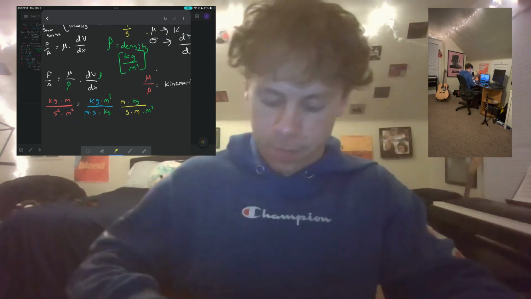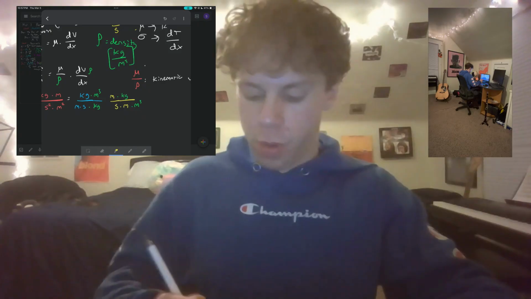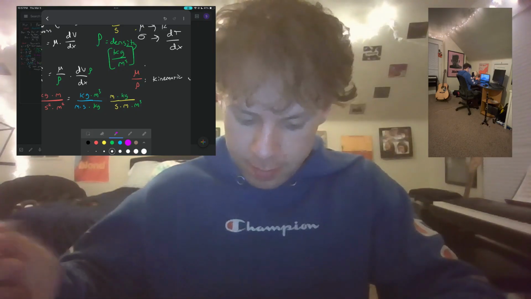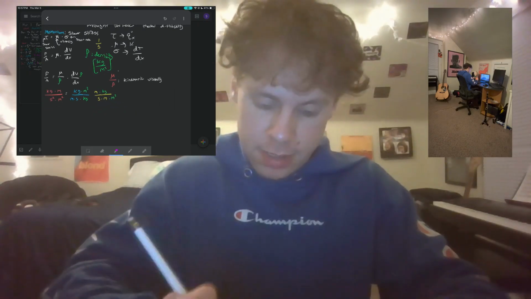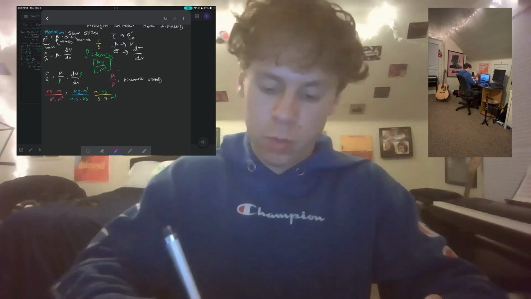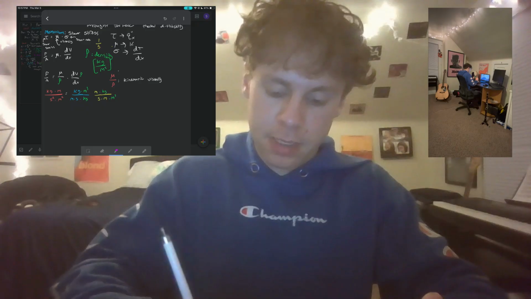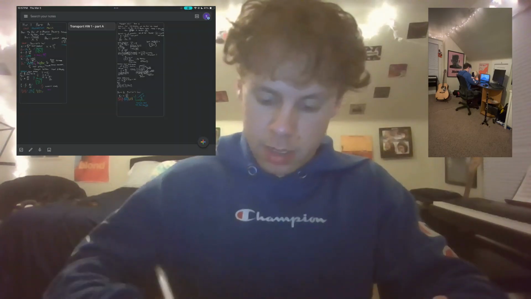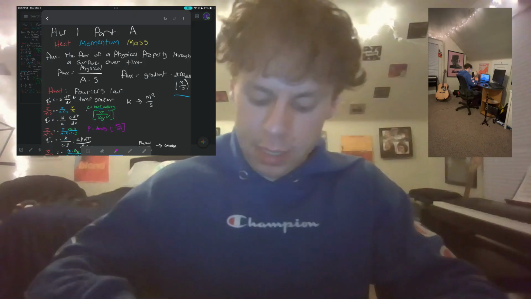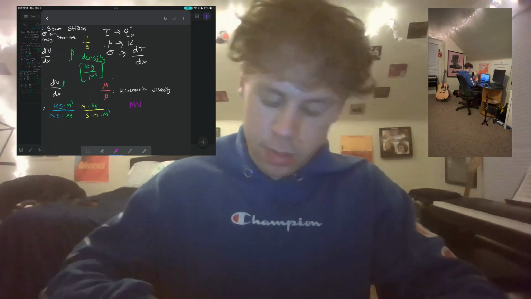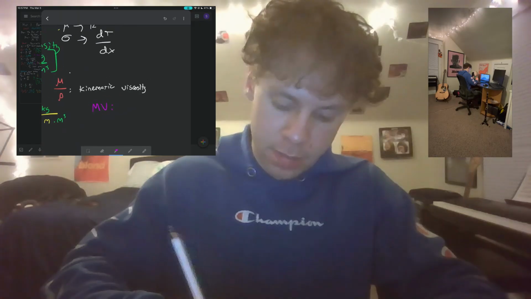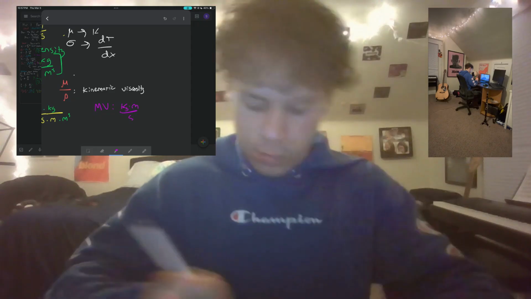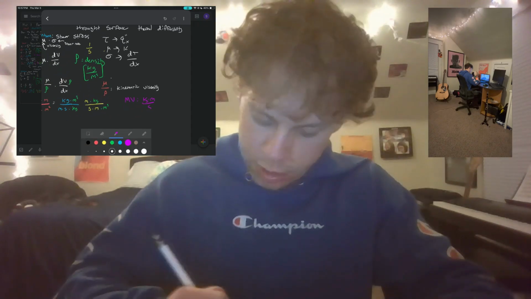Okay, so going back to our Physics 1 knowledge, we know that our momentum is written as mass times velocity. And if we break that down into its SI units, we'll get kilogram meters per second, which is this term right here.